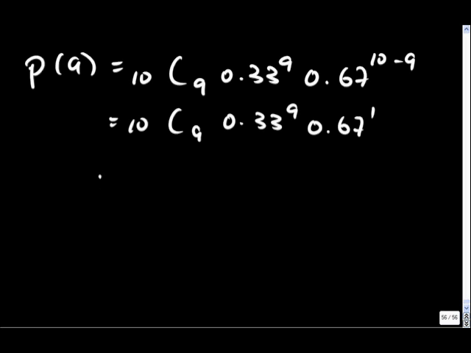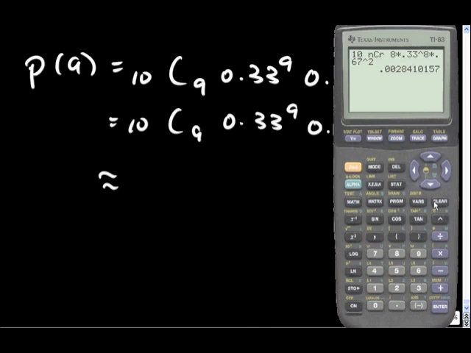Let's see what this value is approximately. Now 0.67 to the first power is just 0.67.